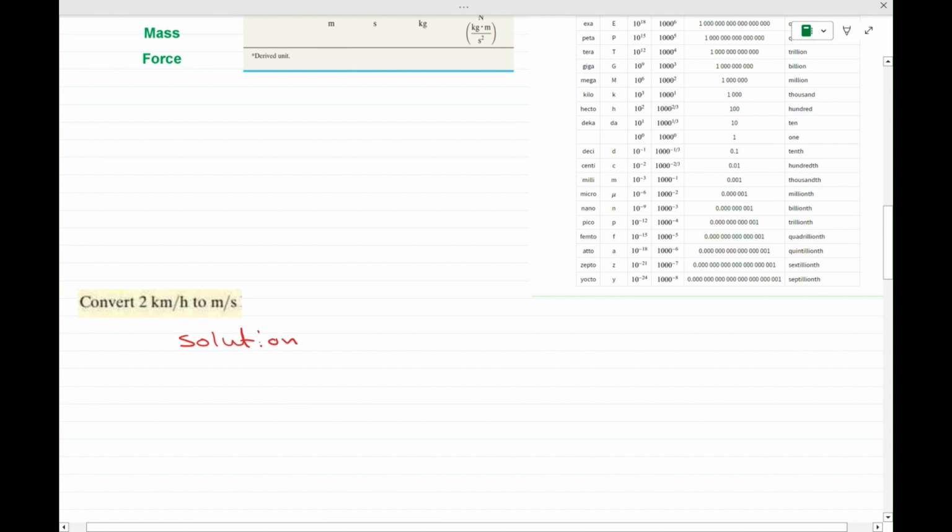2 kilometers. We know that a kilometer is equal to 1000 meters, or 10 to the power 3 meters. And we know 1 hour has 60 minutes, and each minute has 60 seconds. Therefore 1 hour is equal to 3600 seconds.